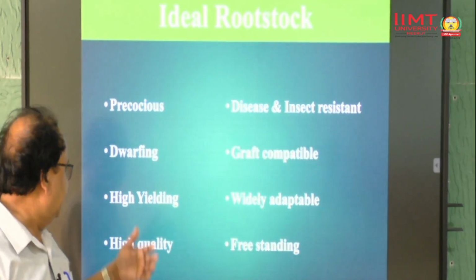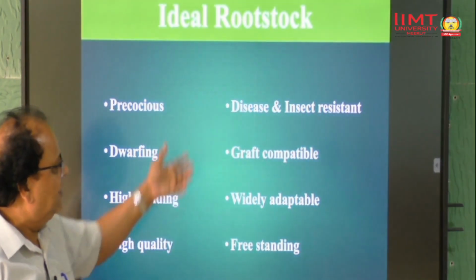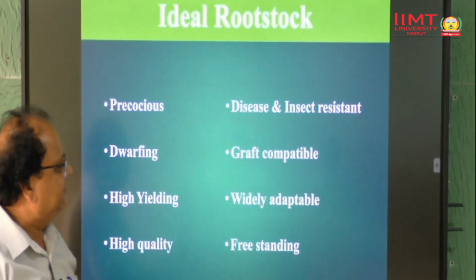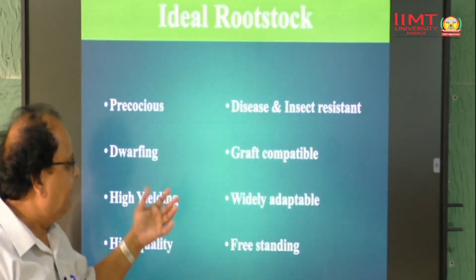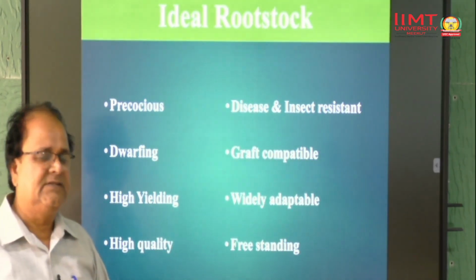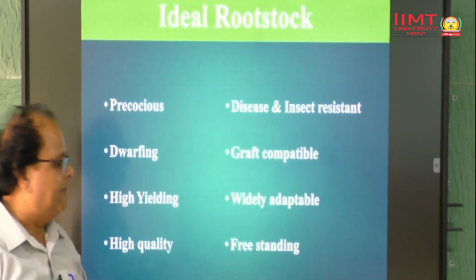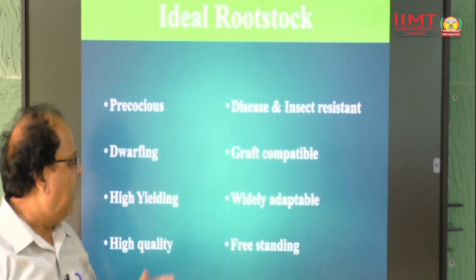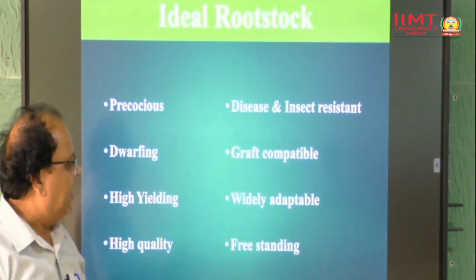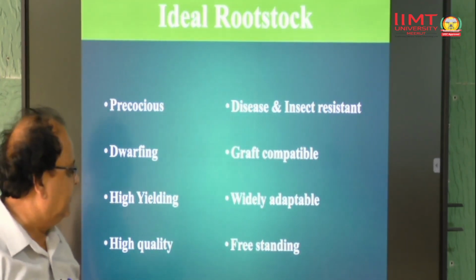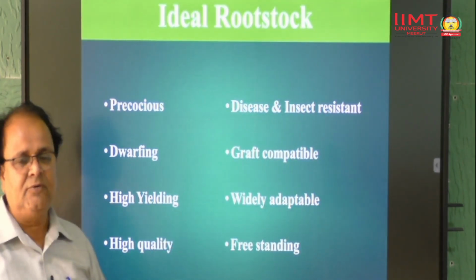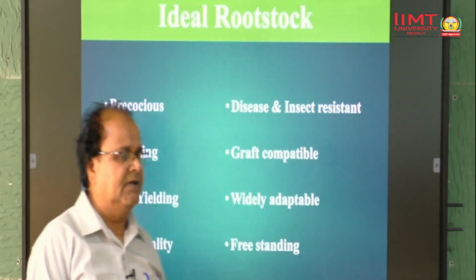The rootstock has to be graft compatible: root and scion compatible with each other to form the new plant after grafting. It should be widely adaptable, tolerant of biotic conditions, and free-standing, showing no incompatibility even after a few years.